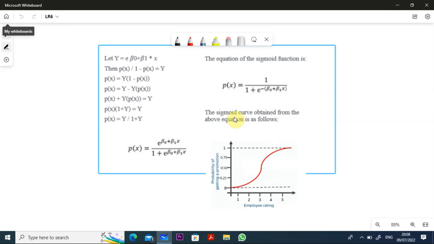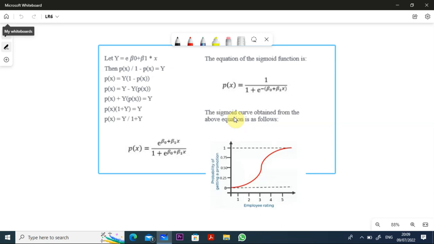So now that is the first equation. Now I have taken px divided by 1 minus px, which is equal to y. I am assuming y is equal to this one, e to the power beta 0 plus beta 1 x, because how we got that one?